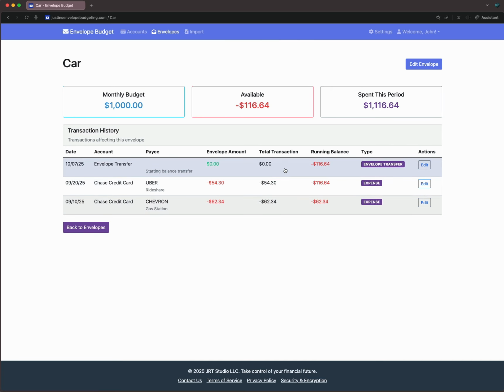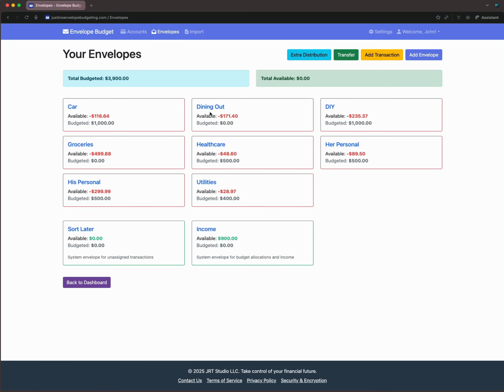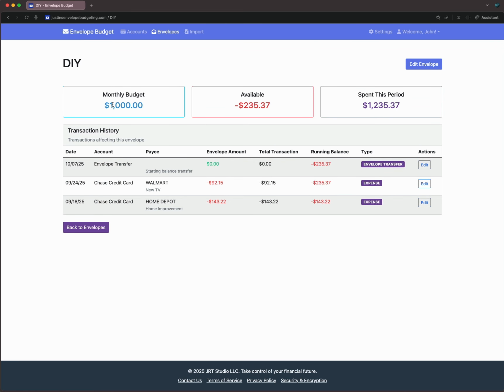Yeah, we allocated 1,000 monthly, but nothing's been put in it yet. So all the envelopes are showing negative, and so what happens is when we set the monthly budget, each month on the first, right?